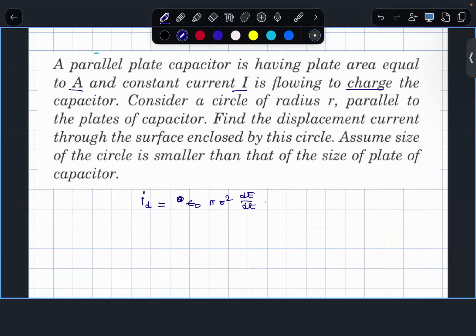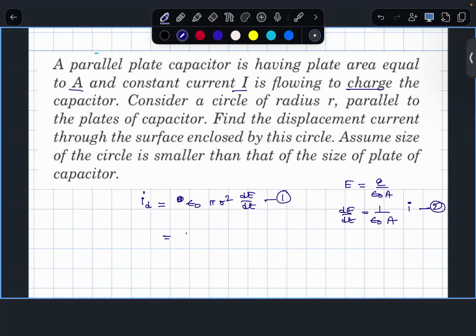Okay. But how do I know these things? Electric field is Q by epsilon naught A. dE by dt is 1 by epsilon naught pi r square I. This is equation 1.